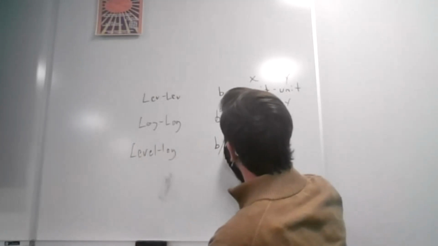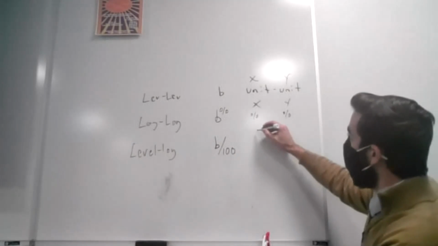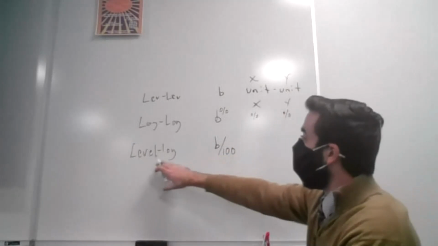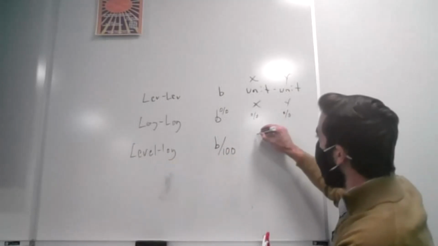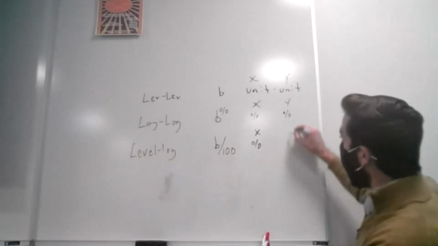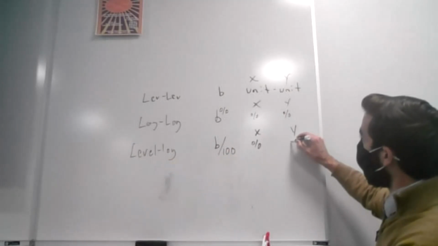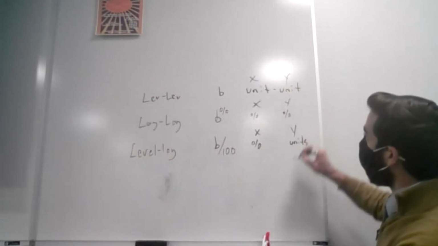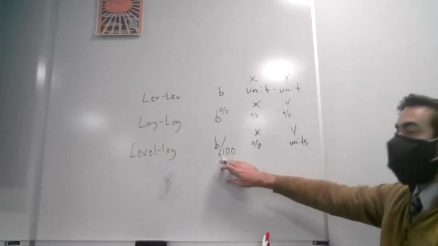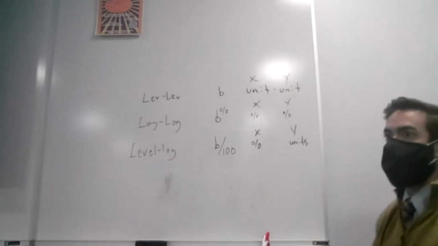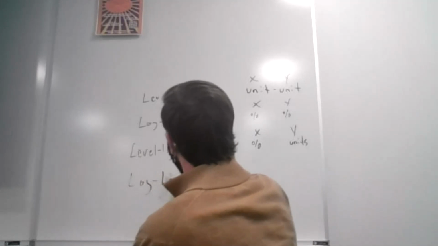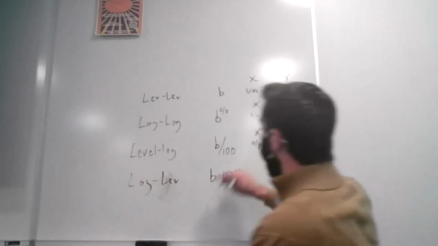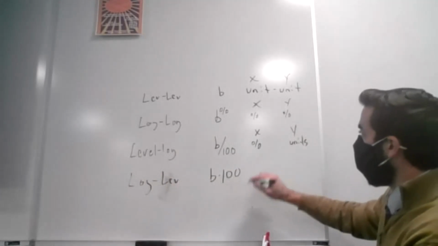We need to divide this by 100. And my X and Y units now, X was log, Y was level. So it's a percent change in X causes Y to go up by whatever B is divided by 100 units. And then the last one we have, we take that slope coefficient and multiply it by 100.